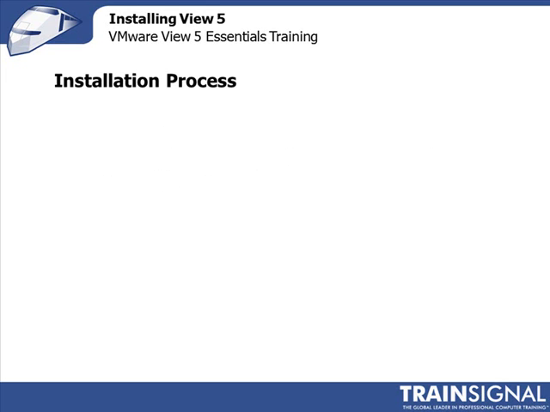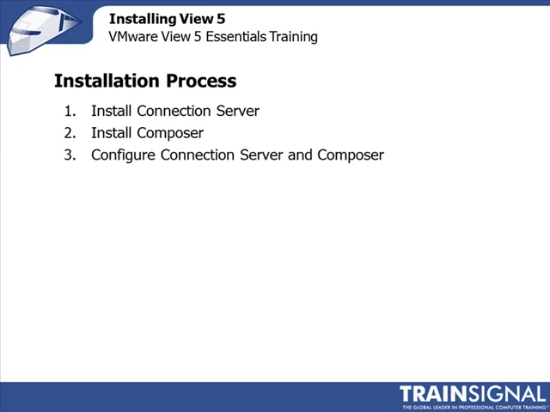So real quickly, we're going to go through the installation process before we actually jump into the demo. Initially, you're going to install your first connection server. Then you'll want to go over to the Virtual Center server and install the View Composer. Then you'll want to come back to your connection server and configure both the connection server and View Composer.